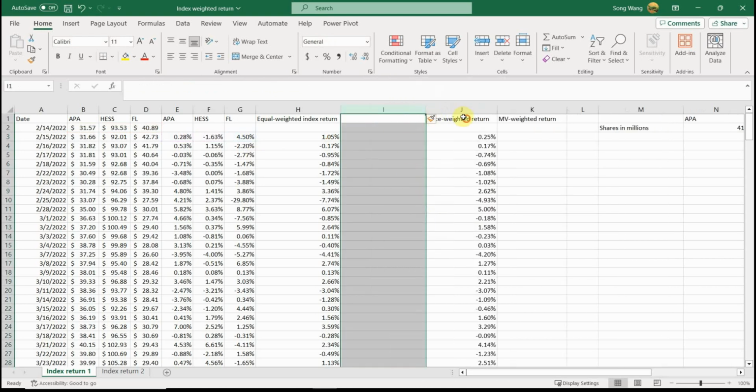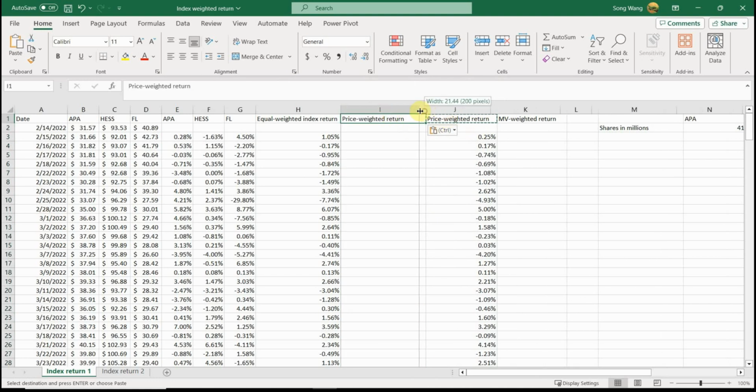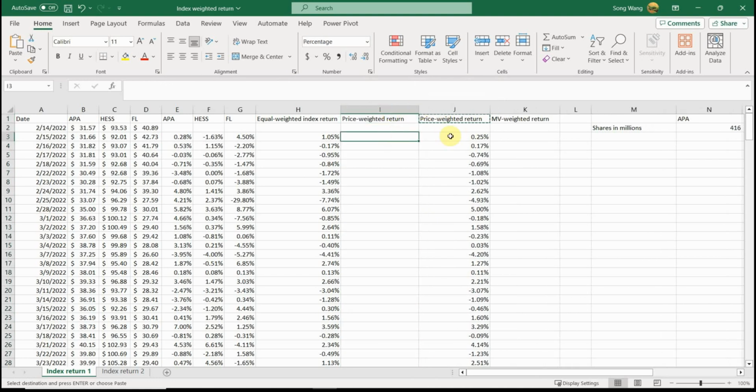Let me insert another column, price weighted return. I'm going to use the return for each stock multiplied by its own weight. And how do I get the weight?